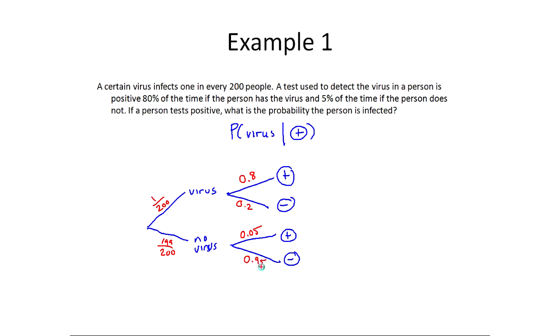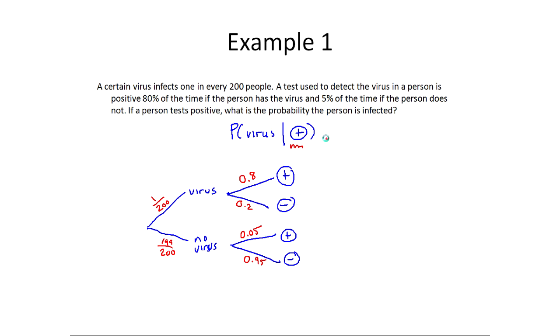All right, so Bayes' theorem, Bayes' formula, however you want to state it, what it takes into account is the big picture and small picture, just like we're used to. So what's the big picture? Well, we know the person tested positive, right? So either they had the virus and tested positive. Remember, multiplication to find and probabilities, or means add. They did not have the virus and they tested positive.